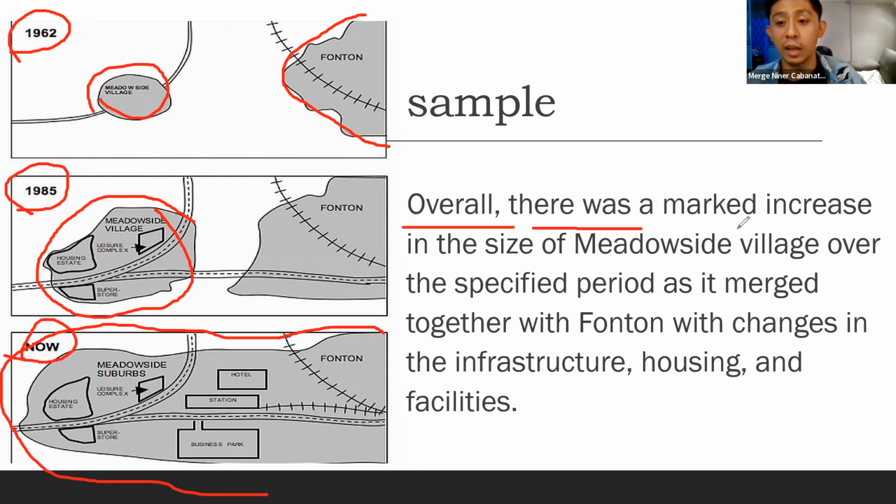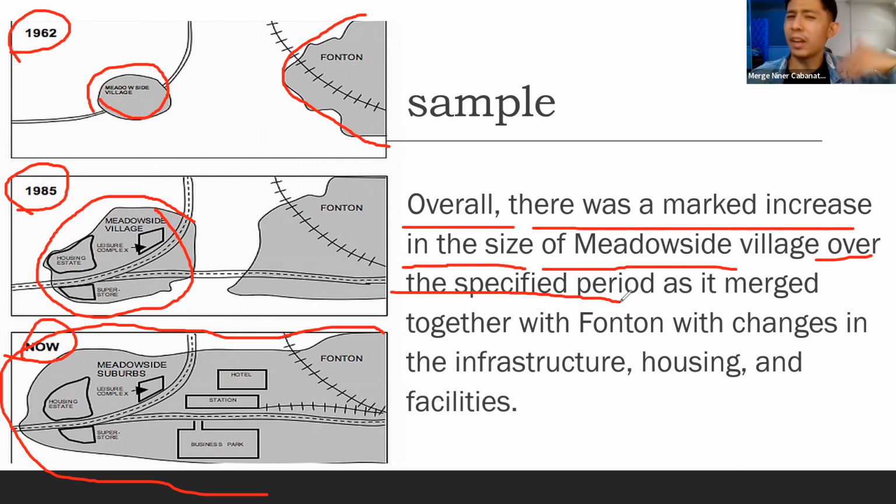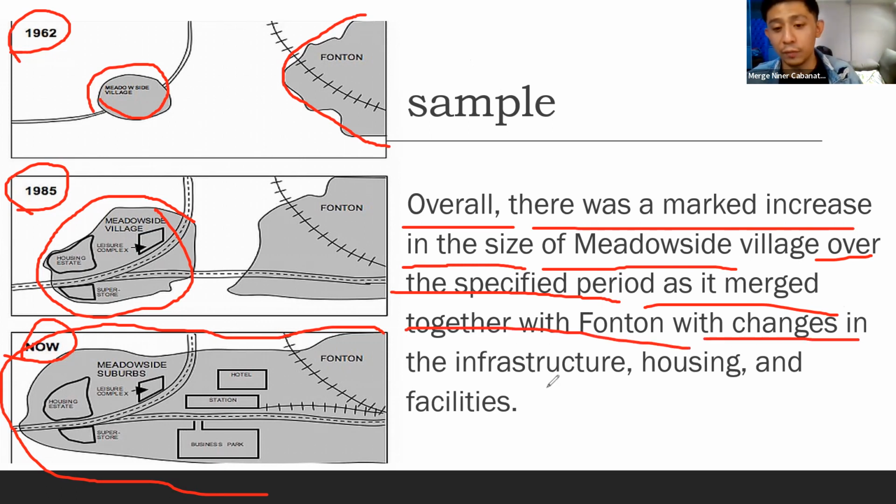Overall, there was a marked increase in the size of Meadowside Village over the specified period. I didn't mention those periods because I don't want to be too repetitive. As it merged, you can use the words combined, joined together with Ponton, with changes in the infrastructure, housing, and facilities. So even though this paragraph is literally one sentence, it is allowed to have one sentence.